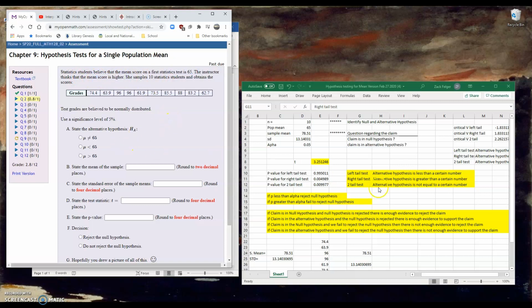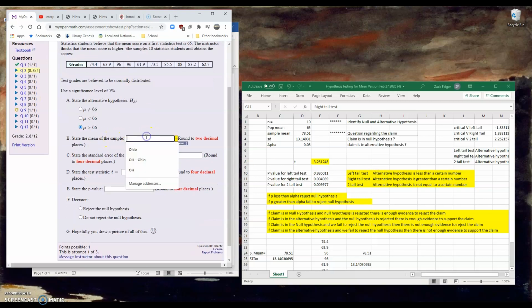So it's a right-tailed test because our mean is greater than 65. That's our alternative. Now, state the mean of the sample. Well, we calculated 78.51, so 78.51.